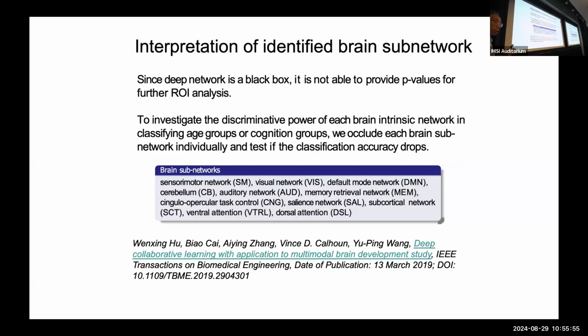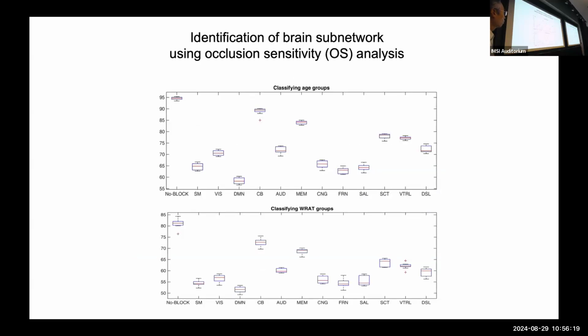Another question is, can we identify the important features behind the classification or prediction? We know deep learning is just like a black box, with a lack of good interpretability, right? So we use occlusion sensitivity analysis.